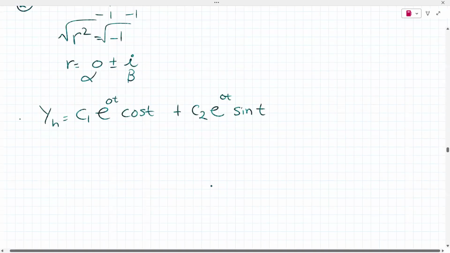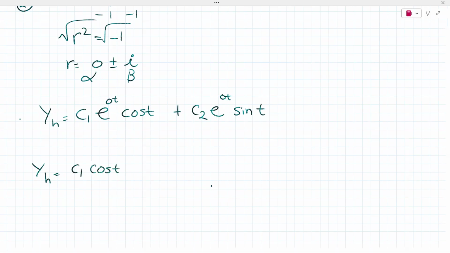So my yh is c1 cosine of t plus c2 sin of t. Okay, so this is your y1 and this is your y2.